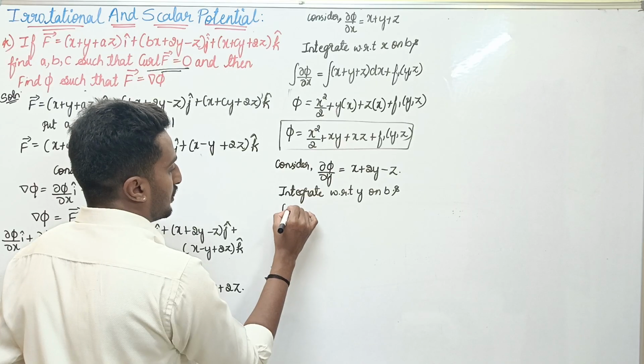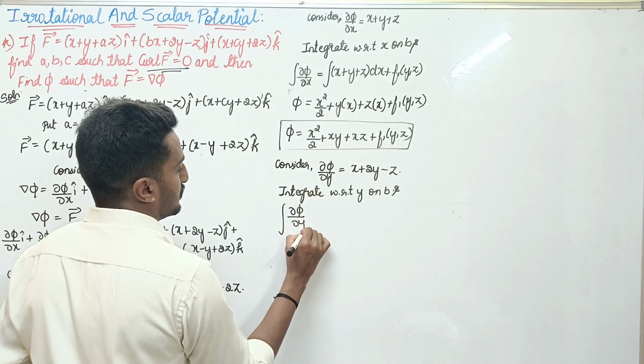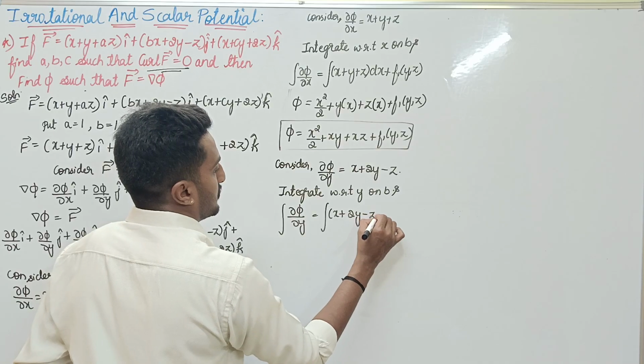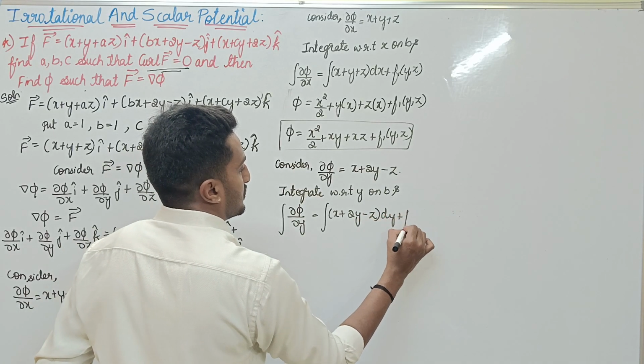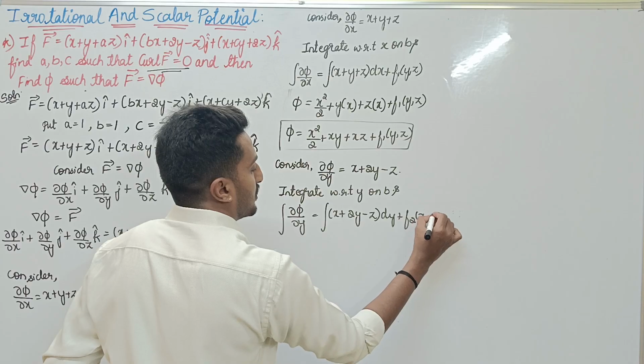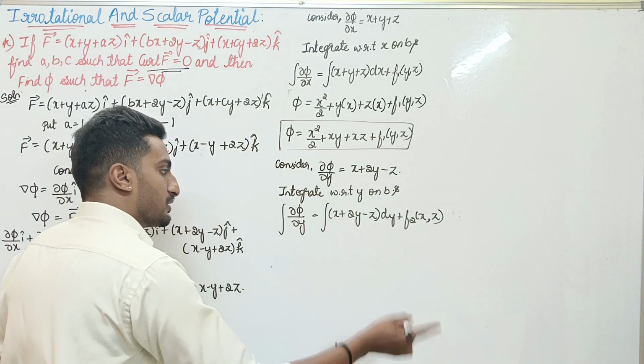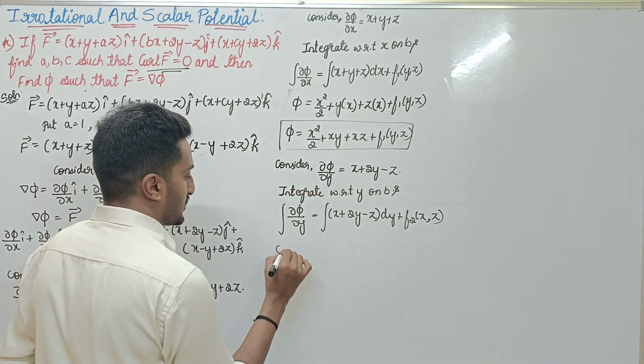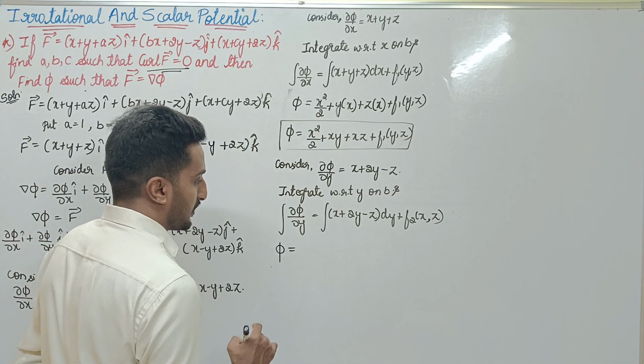You get integral of dou phi by dou y equal to integral of (x plus 2y minus z) dy plus f2 of x comma z. Since I am integrating with respect to y, x and z remain constant. Integration and differentiation get cancelled, you get only the scalar function phi.